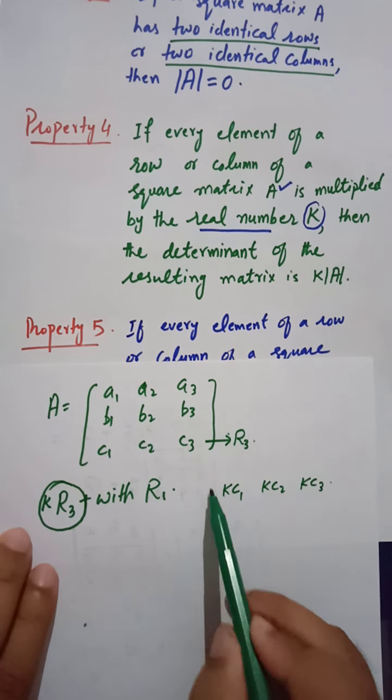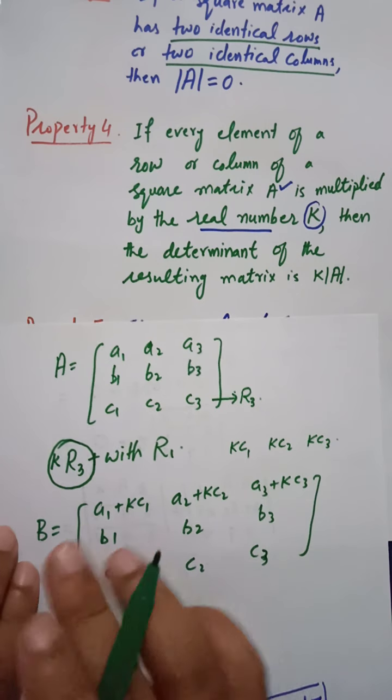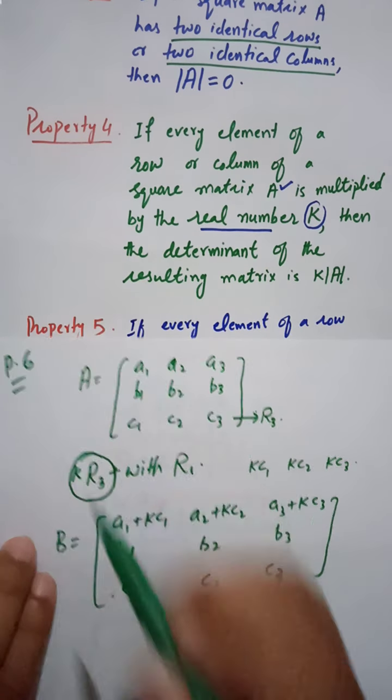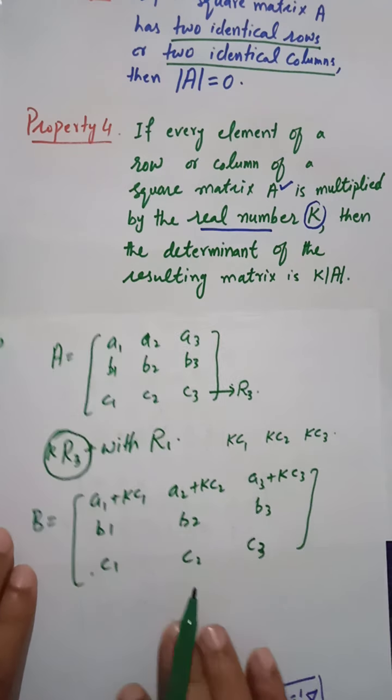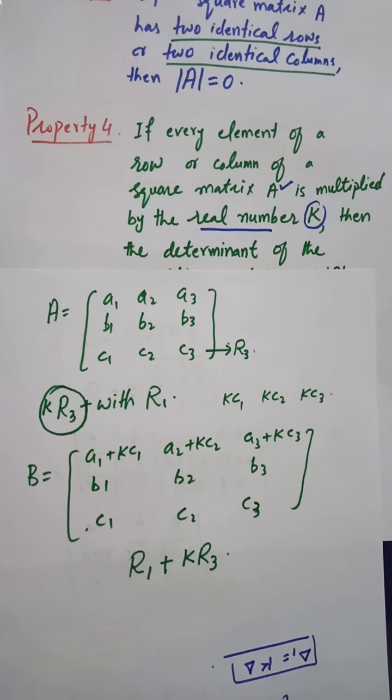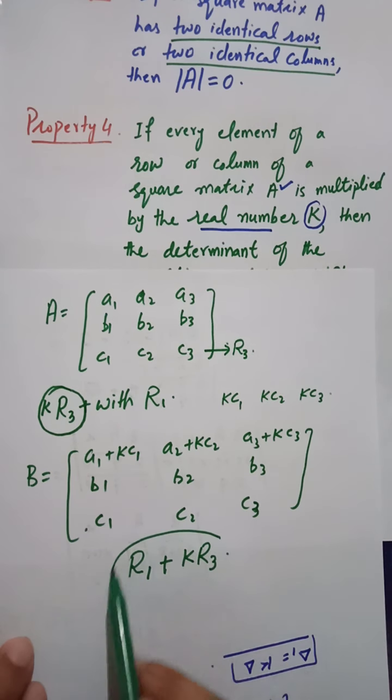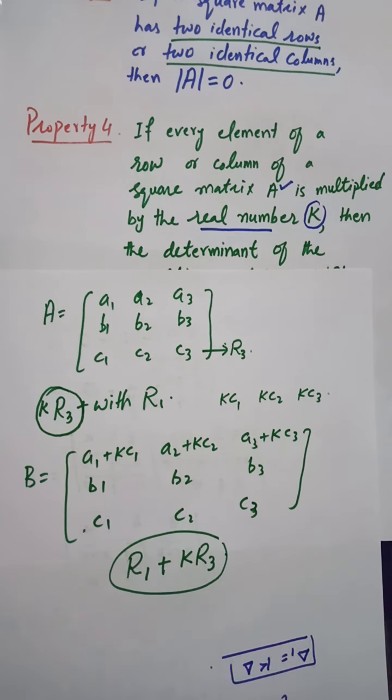So you see how I obtain matrix B. I am explaining property number 6. I perform the row operation that R1 is added with k times R3. This is the row operation that I perform to obtain the matrix B.